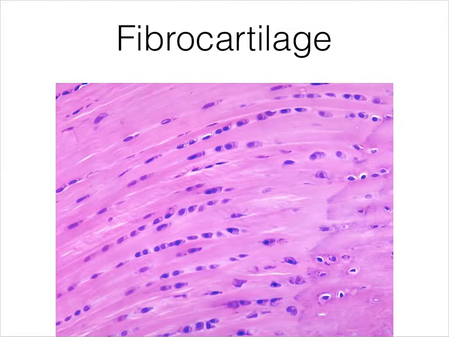Fibrocartilage is identifiable because, again, we have our chondrocytes, and many of those chondrocytes that you can see are in lacunae, these open rooms.